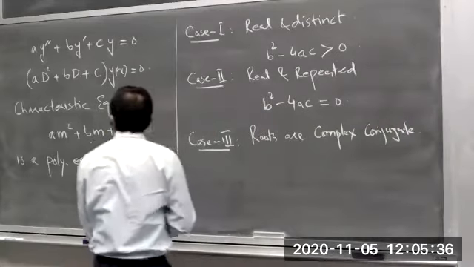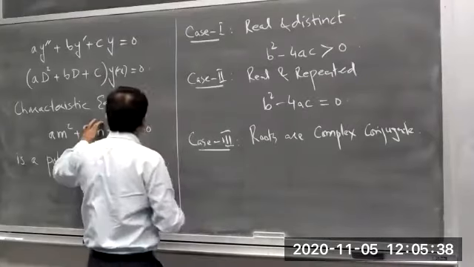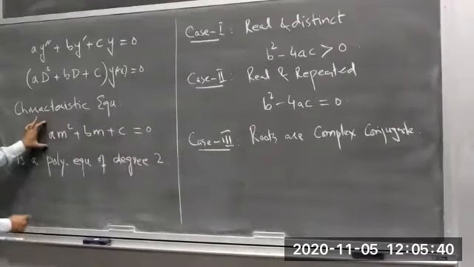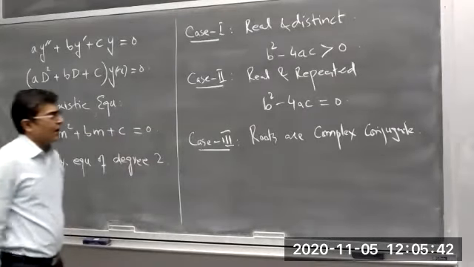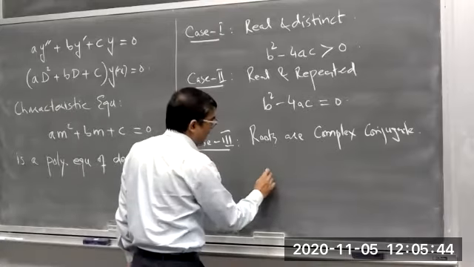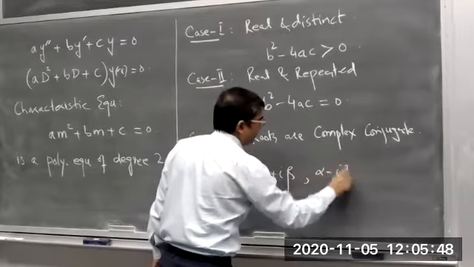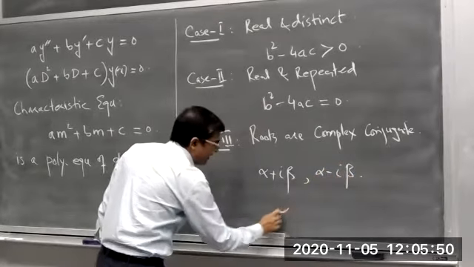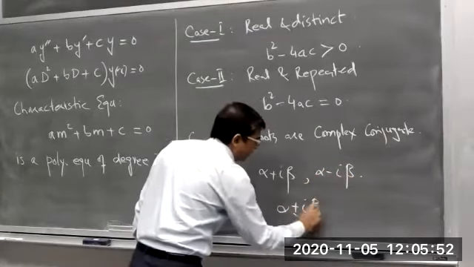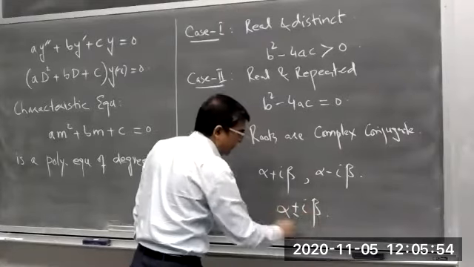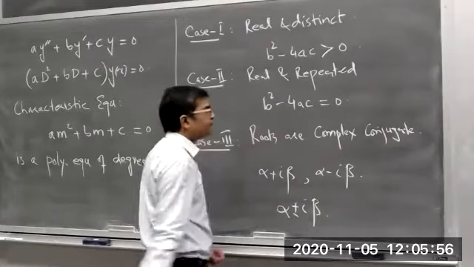So we assume that the roots of this auxiliary equation or characteristic equation are alpha plus iota beta and alpha minus iota beta, or simply alpha plus minus iota beta, because they always exist in pairs.